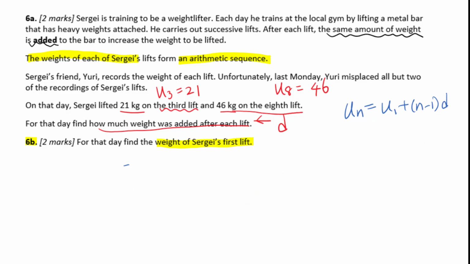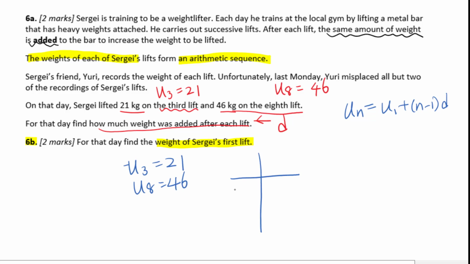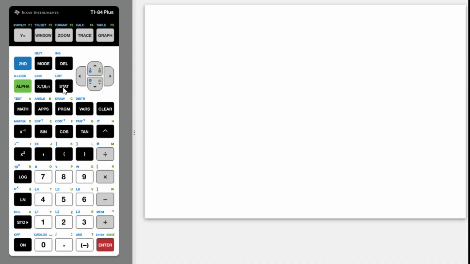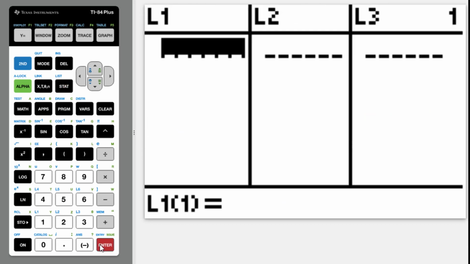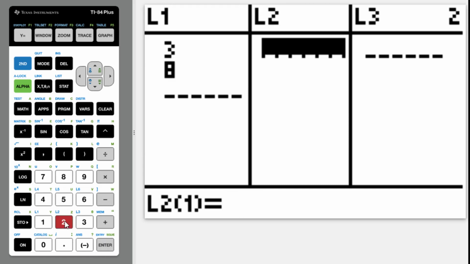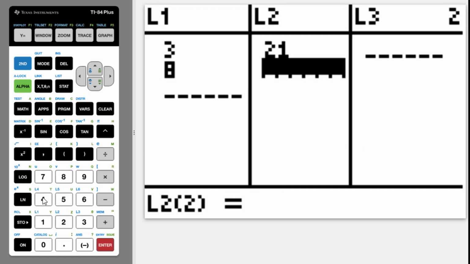We can also use a graphing calculator to figure this out. u3 equals 21. u8 equals 46. So let's get this table: 3, 21, 8, 46. This is n, this is un. We will put n in L1, un in L2. Go to Stat, Edit, enter 3, 8, 21, 46.